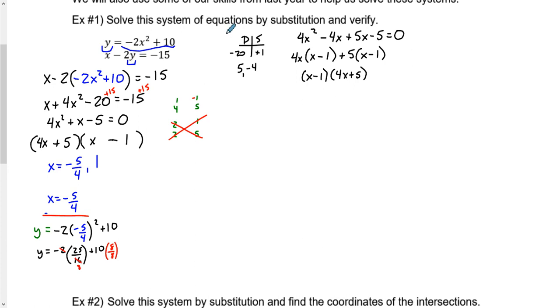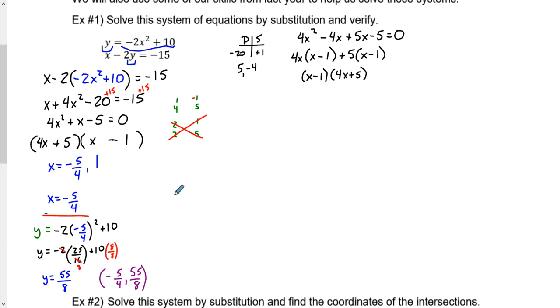So -25 adding the 80 should be 55. Yep. So the y would be 55/8. So this coordinate would be -5/4, 55/8.